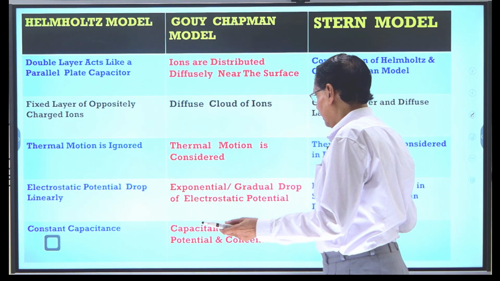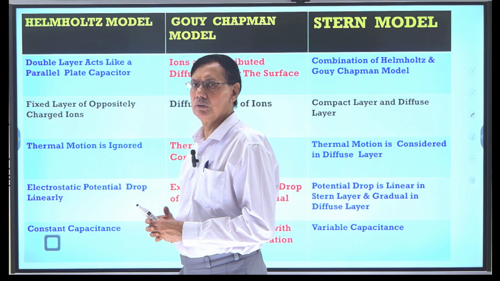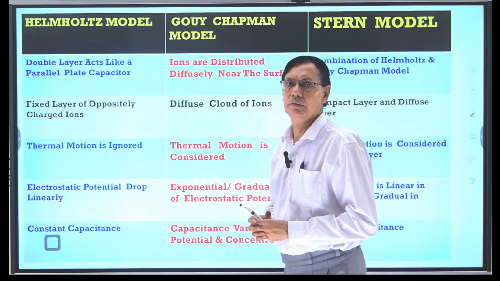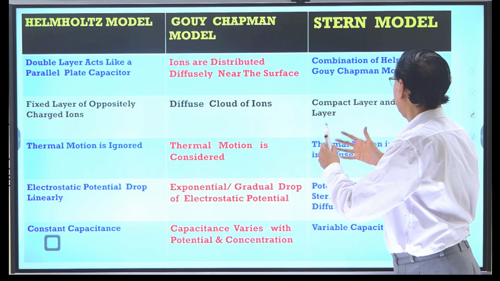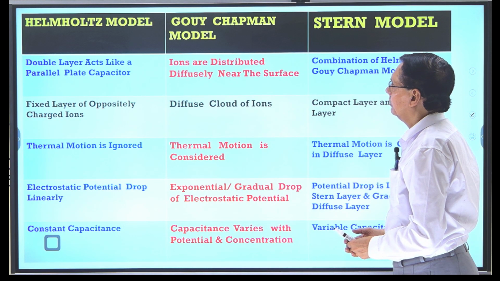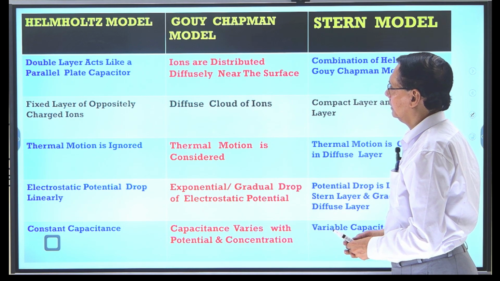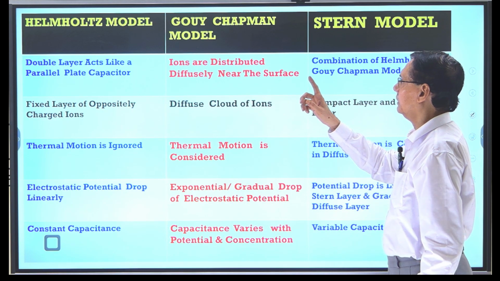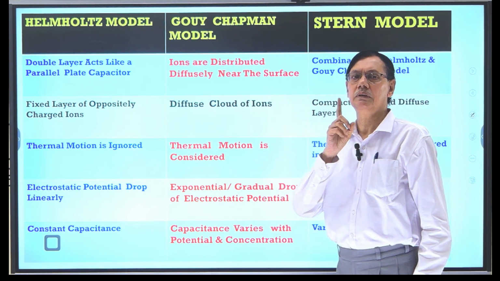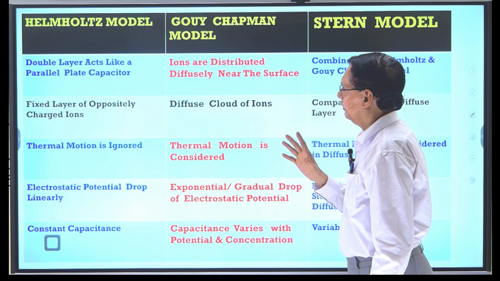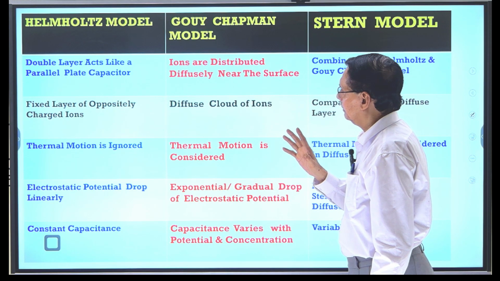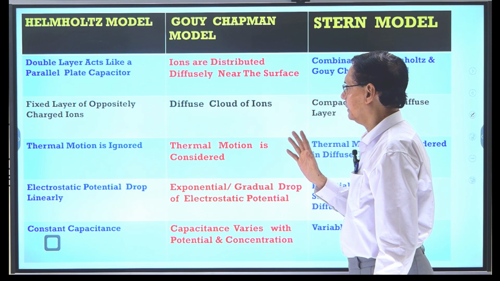Now again, it is a very simple information for the common student that it is a comparative development of these three theories. First, you can call this Helmholtz theory is the first traditional model, and it is fixed layer of oppositely charged ions.